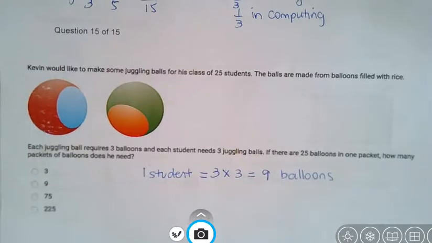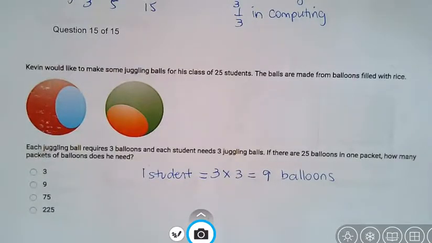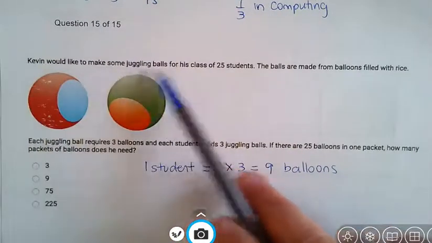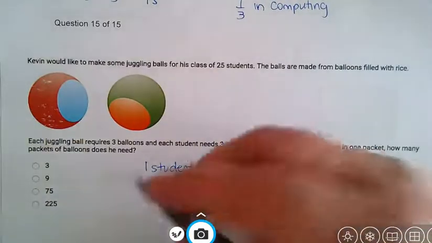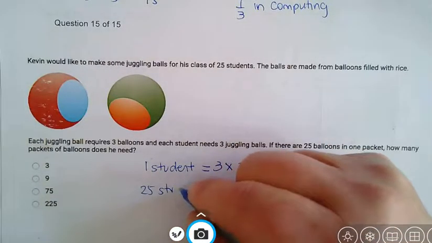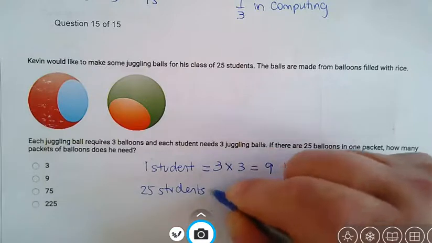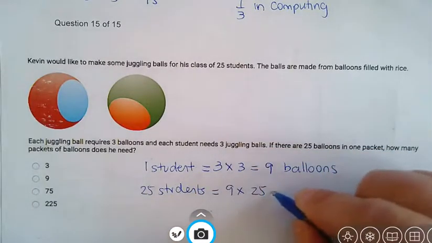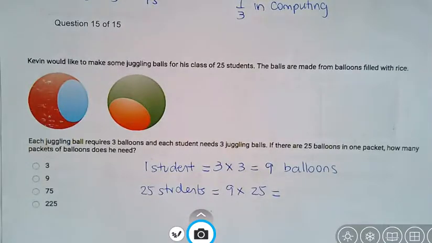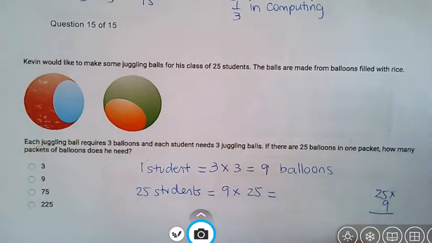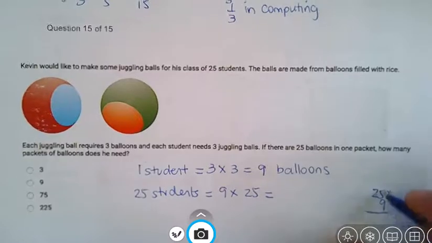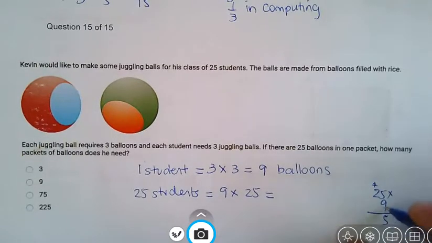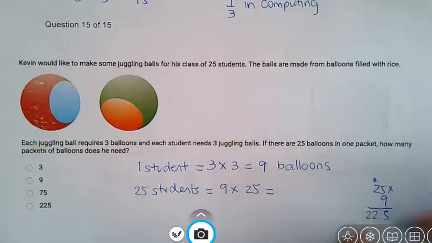Okay, that's what one student needs, 9 balloons. But Kevin would like to make juggling balls for 25 students. So the number of balloons will be 9 times 25. By multiplying, 9 times 5 is 45. 9 times 2 is 18, plus 4 is 225.